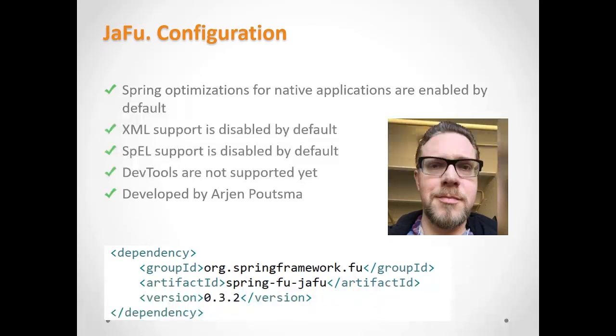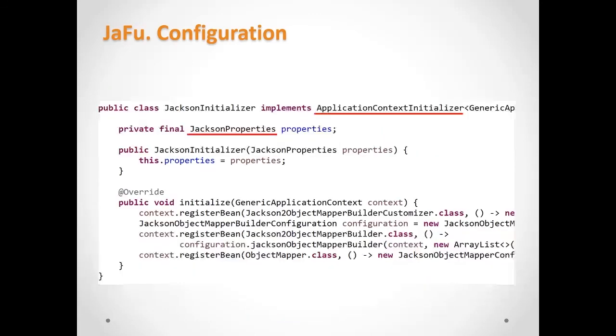Its main developer is Arjen Poutsma, and by default it disables XML support and SpEL support, because they also affect performance and behavior. So how is Spring configuration done in JaFu? You see that there is no auto configuration like in Spring Boot, and there is a very simple functional style registration of your beans.